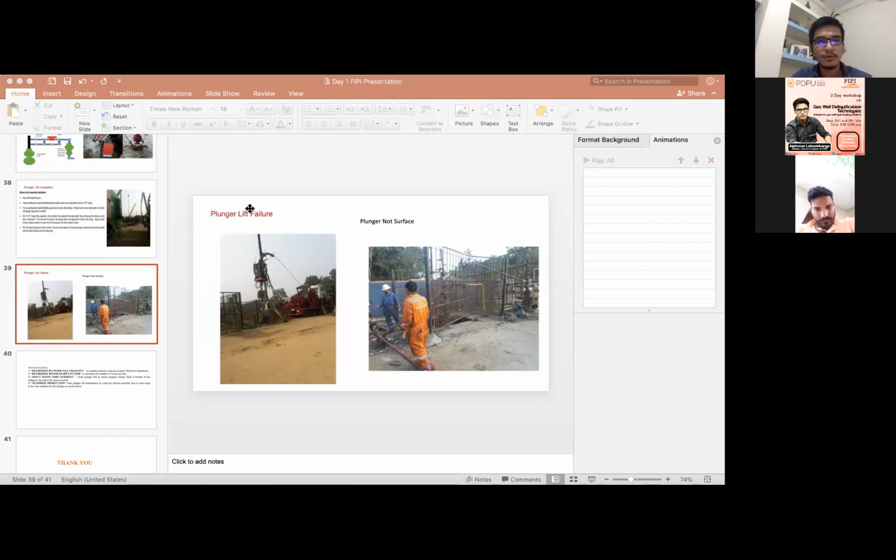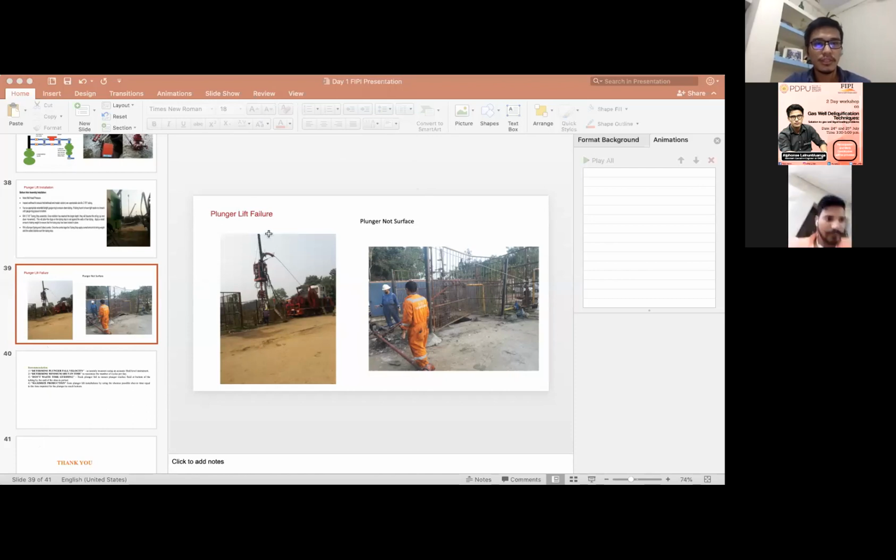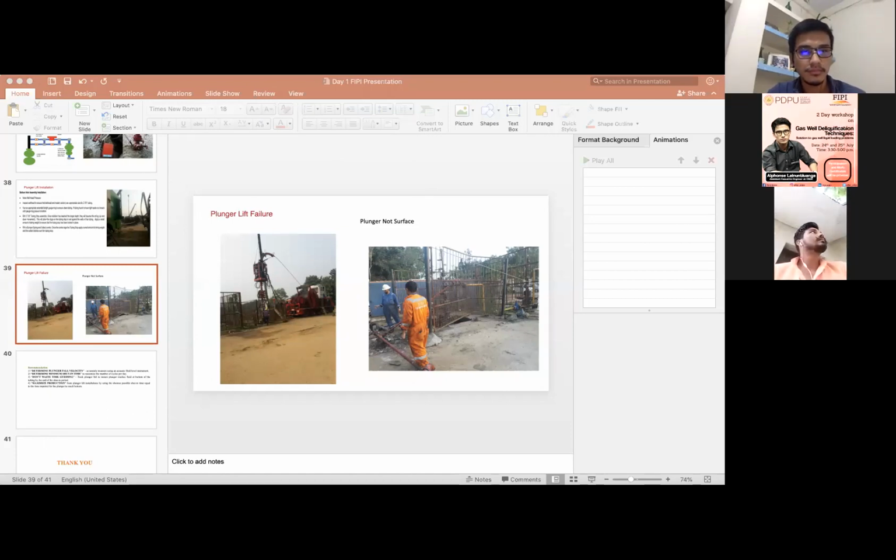When we calculated the dogleg severity, at some point it was higher than 3 degrees per 100 feet. You can even use your Excel to draw this also.